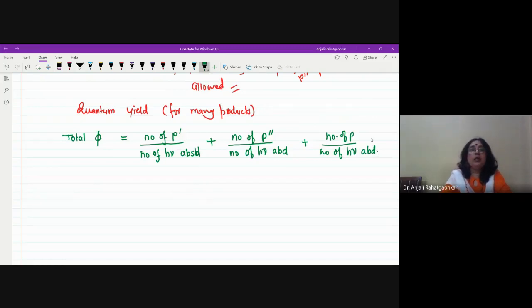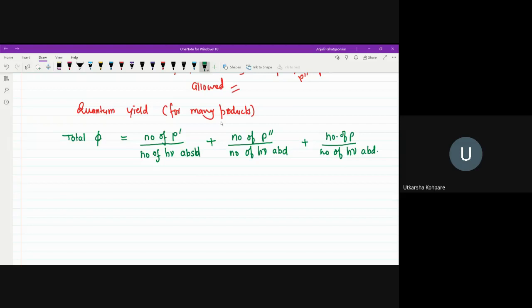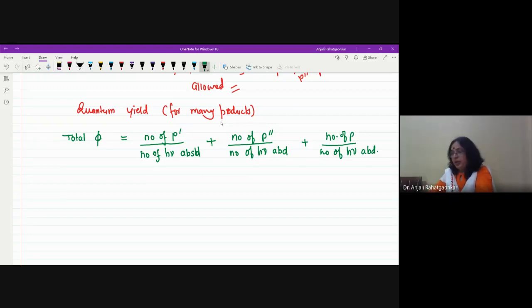So this is a quantum yield of a photochemical reaction. In that case, more than one product is obtained, so it is the addition of all ratios, and we get a total quantum yield. You got my point? Yes, ma'am. Understood? This is a simple quantum yield I can obtain over here.